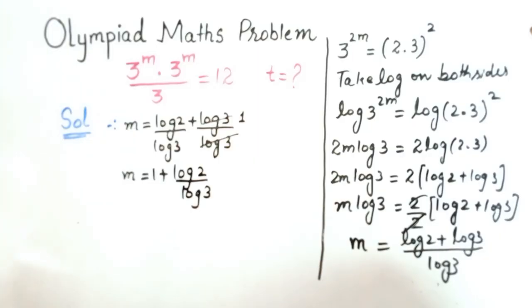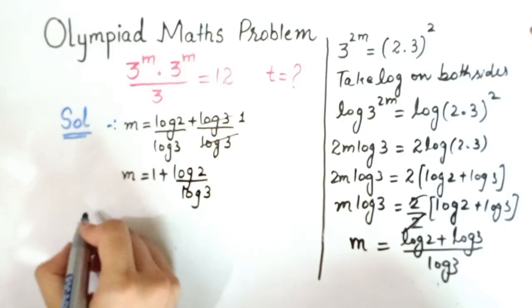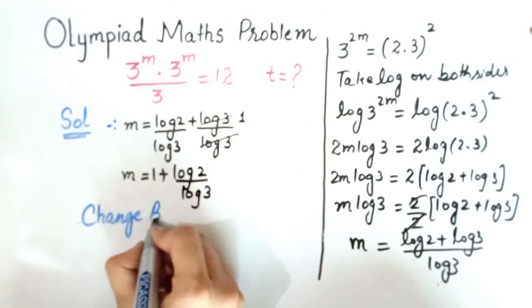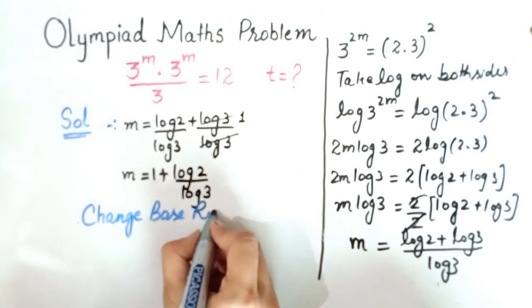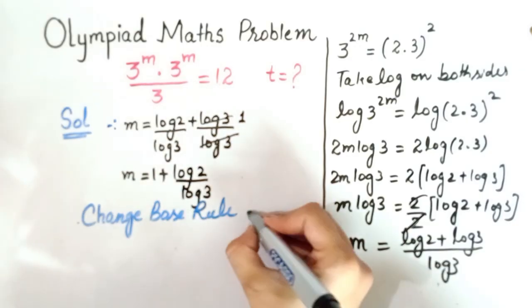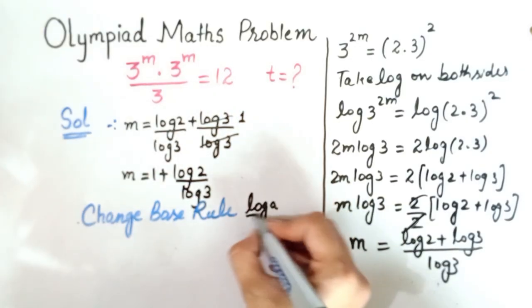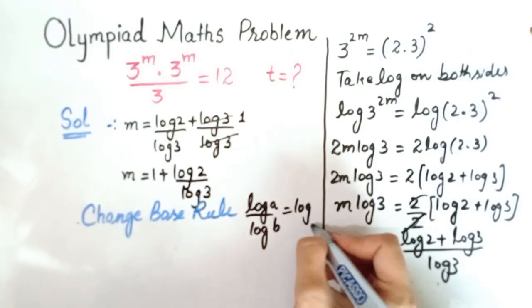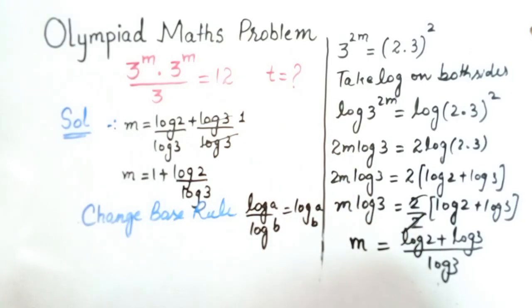Here we will apply the change base rule. So change base rule gives us, if we have log of a divided by log of b, so this will equal log base b of a.